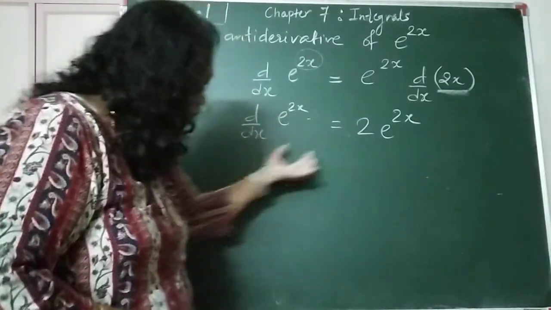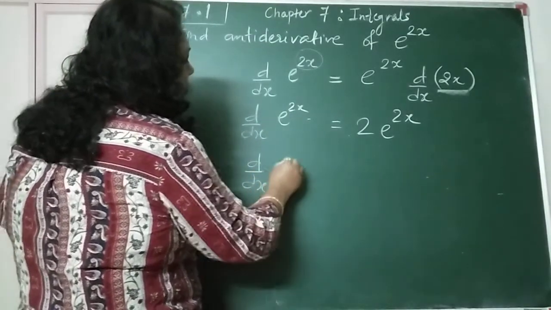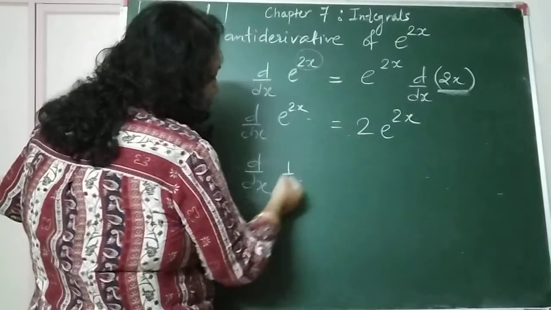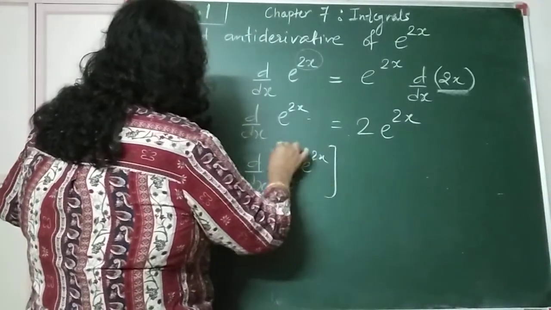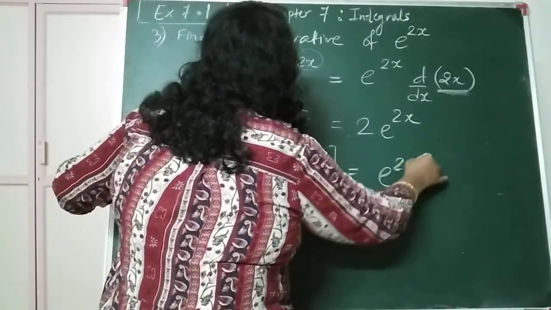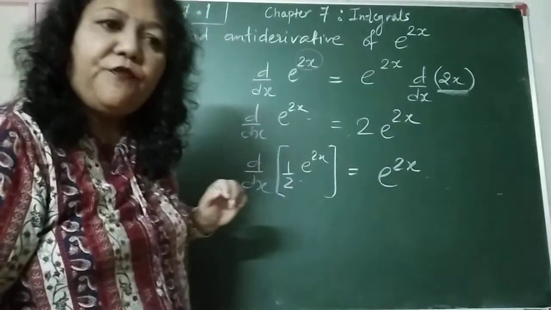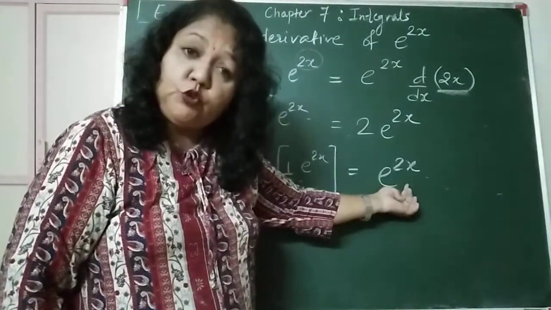Now this 2 I'll cross multiply and bring it down over here. So d by dx of 1 upon 2, this 2 comes here down, into e raised to 2x. So d by dx of this term is equal to e raised to 2x. So we found antiderivative of e raised to 2x.